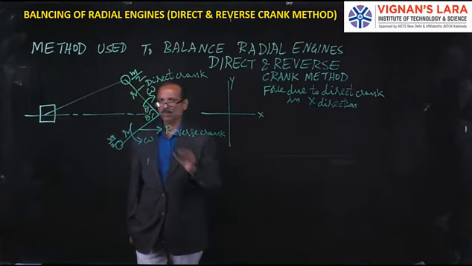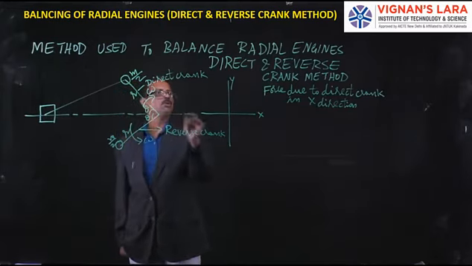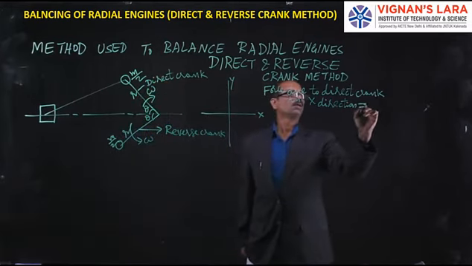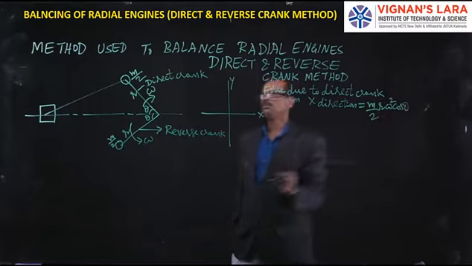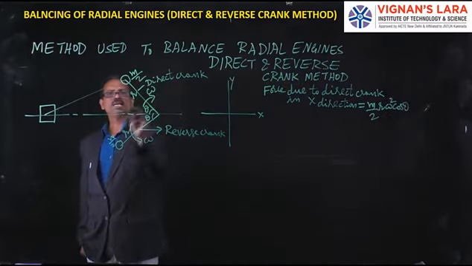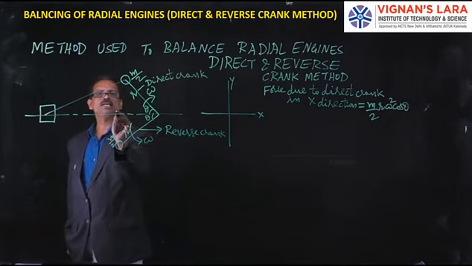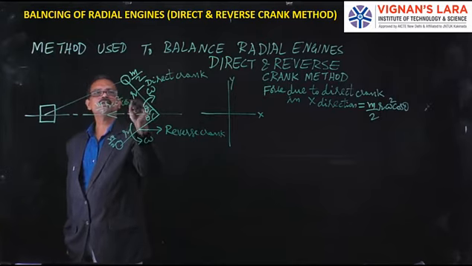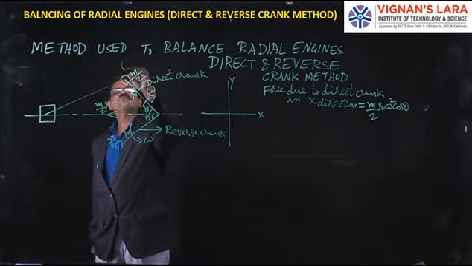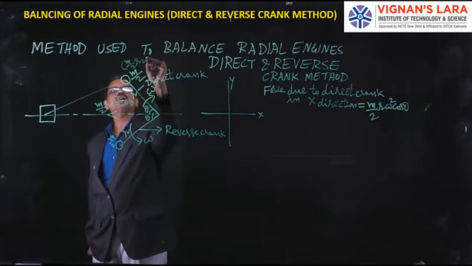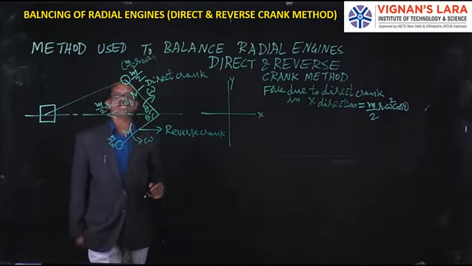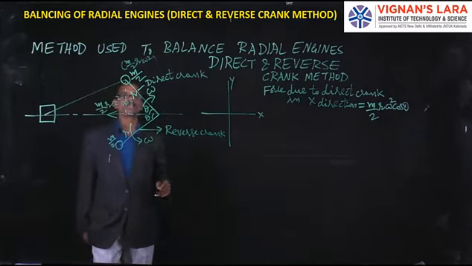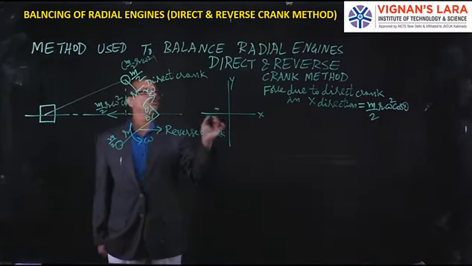The horizontal component is m by 2 r omega square cos theta, in the x direction due to the direct crank.